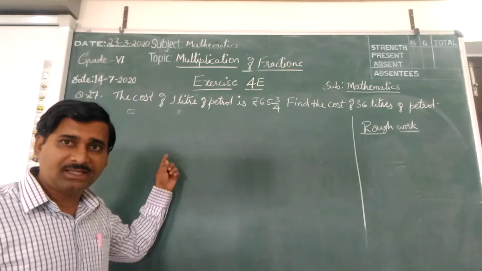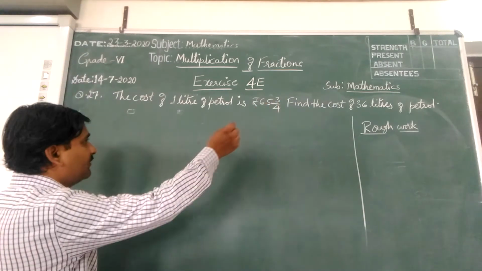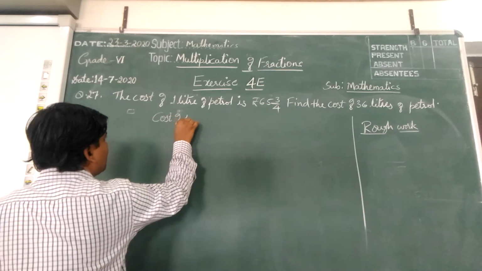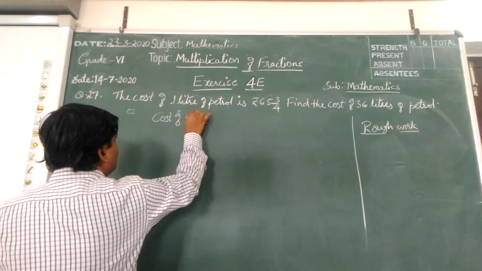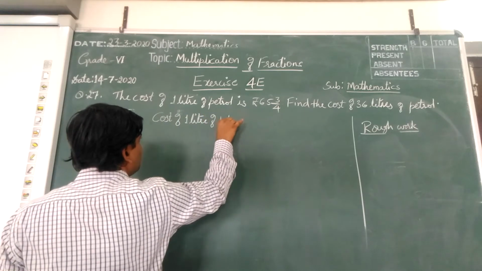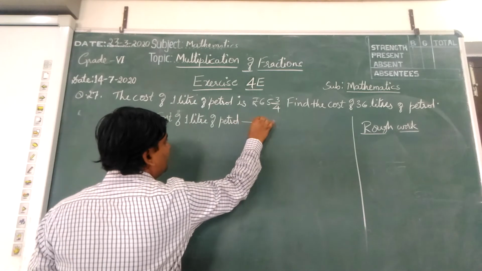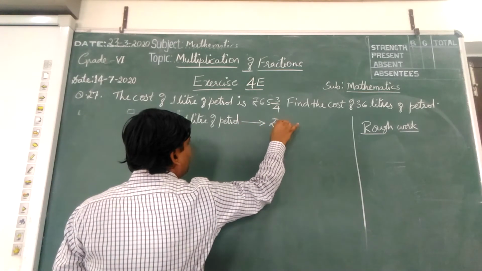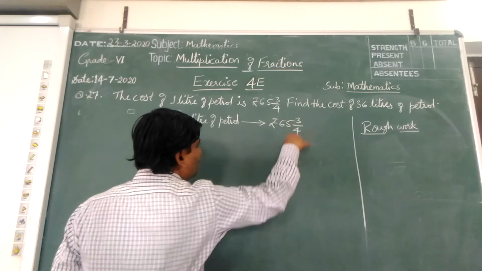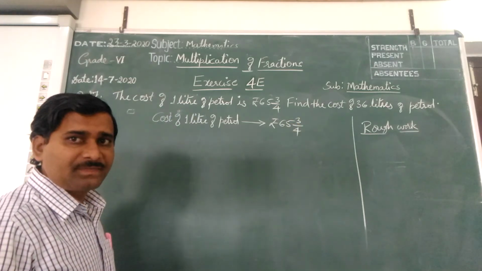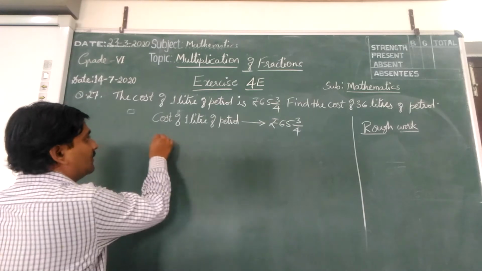So let us write it in the unitary method. How is it to be written? Cost of 1 liter of petrol is given, rupees 65 3/4. We should find out the cost of 36 liters of petrol.